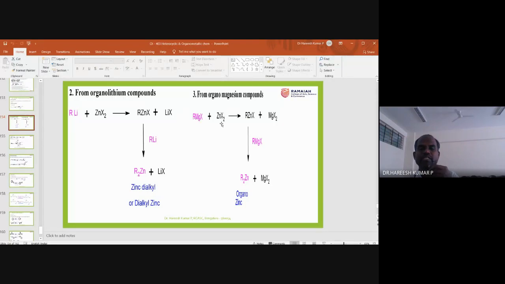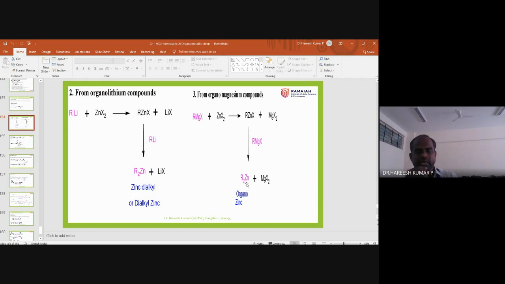When it is treated with zinc halide, it gives alkyl zinc halide. When this alkyl zinc halide reacts with one more equivalent of organometallic halide, it gives dialkyl zinc. These are the three methods of preparation of organozinc.